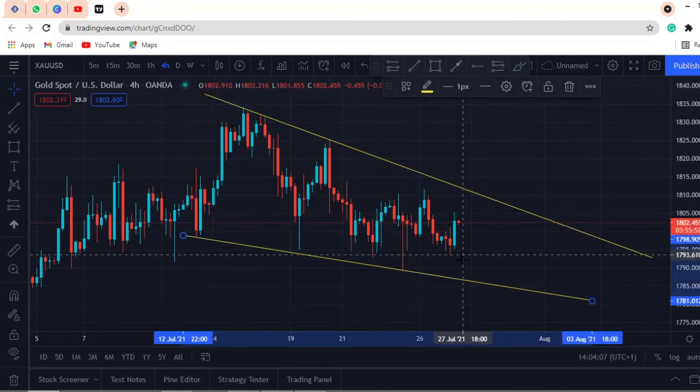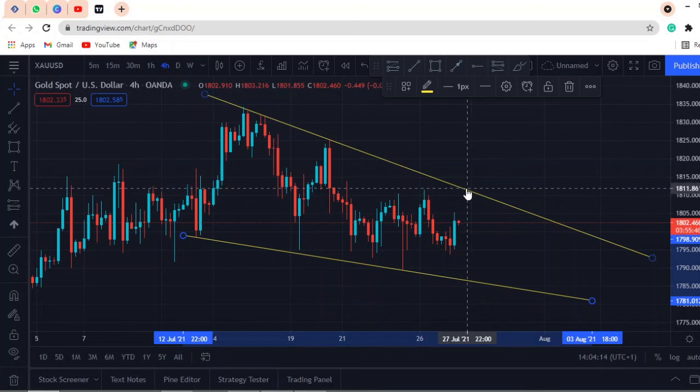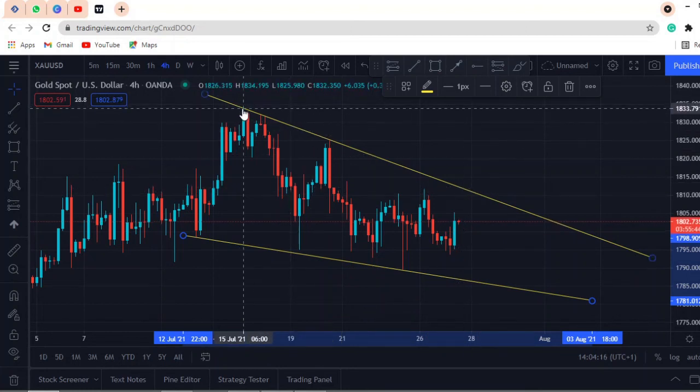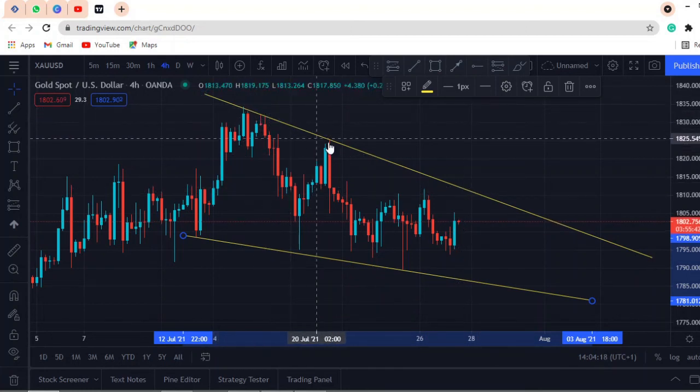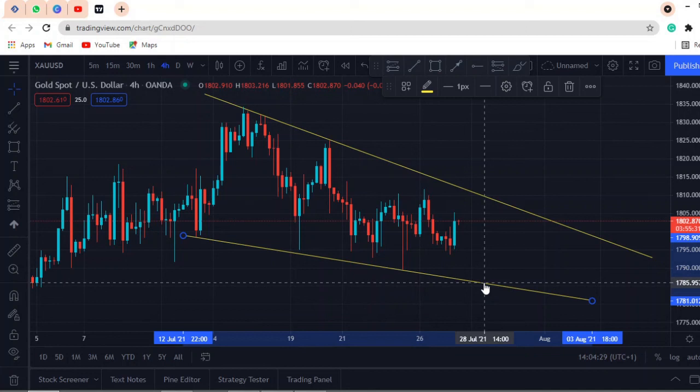For this one, I'll patiently wait for it somewhere down here before I buy. And if I'm selling, I will patiently wait, because you see that it obeyed here and here and here and here again. So I will not sell here nor buy here. I'll wait for it to come to this level, then I can enter my sell, or this level, then I can enter my buy.